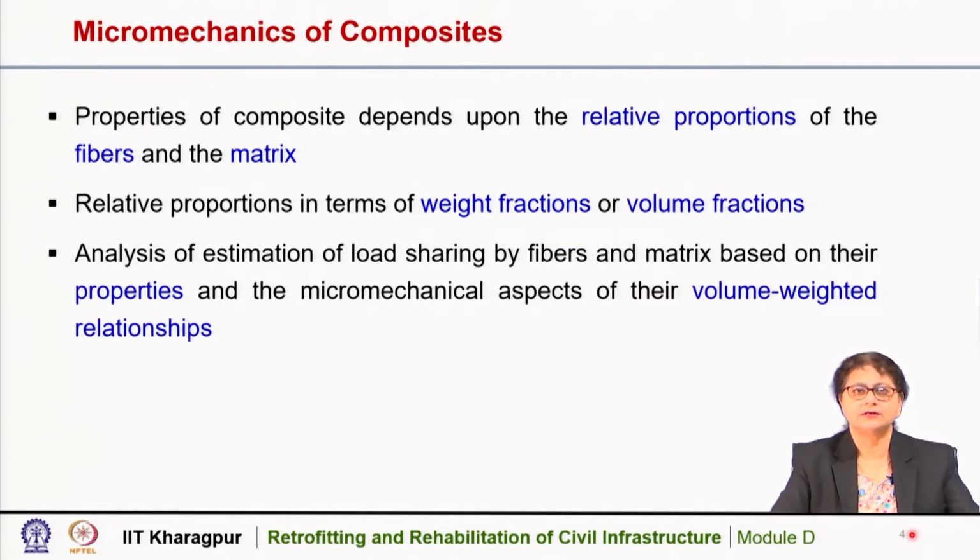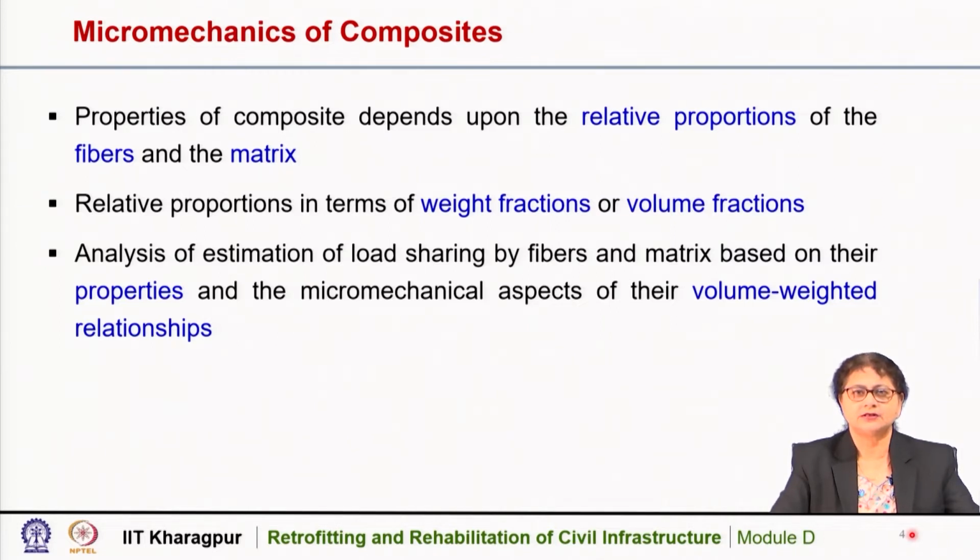In a composite, the properties depend significantly upon the properties of fibers and matrix and their relative proportions. The relative proportions may be in terms of weight fractions or volume fractions in a composite.